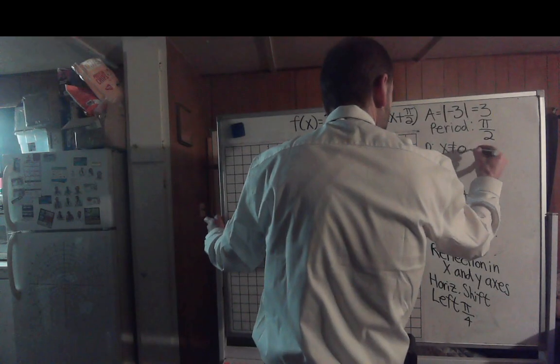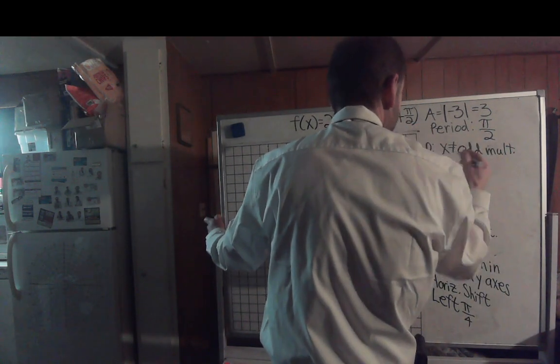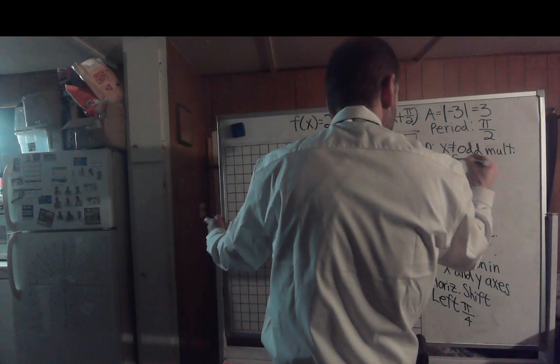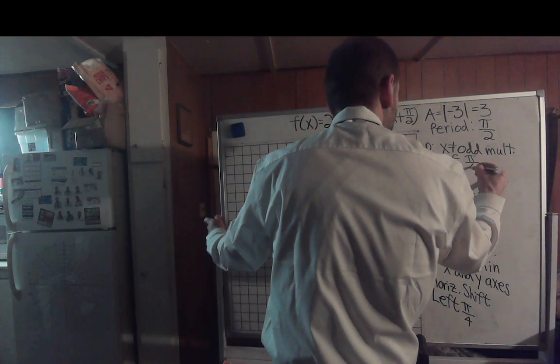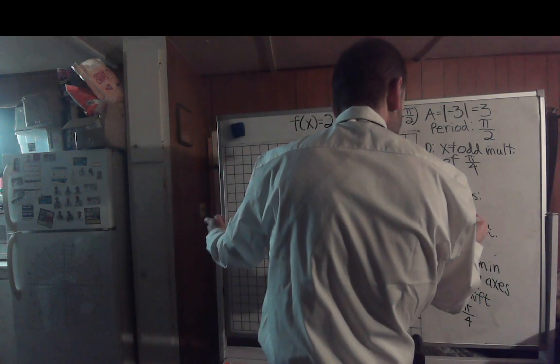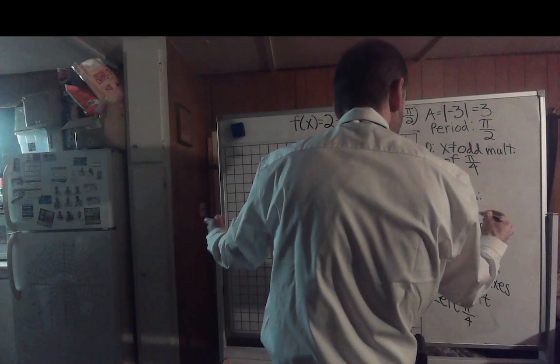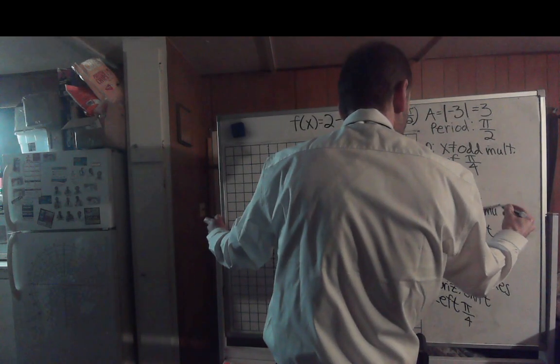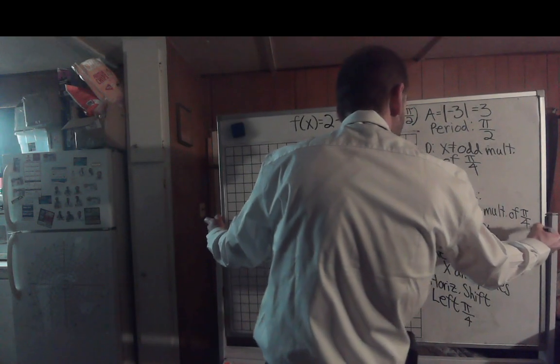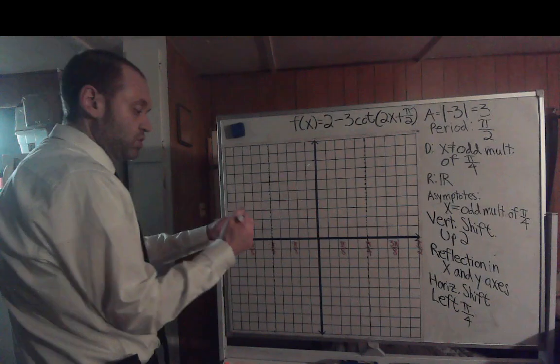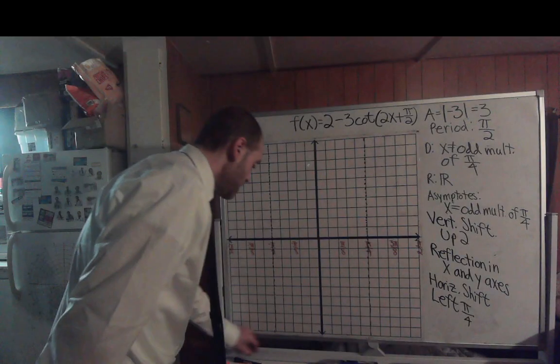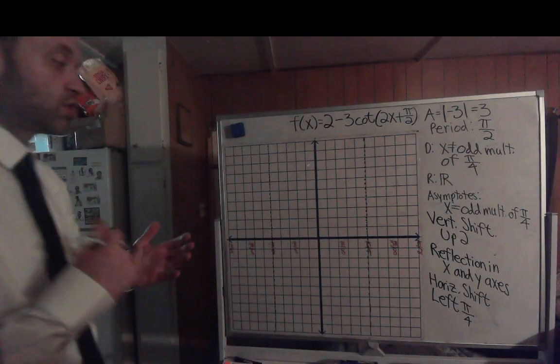X is not equal to odd multiples of pi over 4. So all of a sudden, this is starting to behave a lot like a tangent. So you would have asymptotes at x equals odd multiples of pi over 4. Sometimes it helps to work it out and graph your asymptotes too, so you can really see what you're working with here. Okay, let's go ahead and start graphing here.